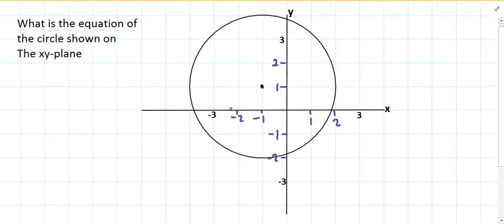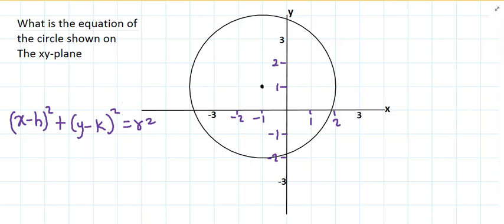We said in the standard form the equation of a circle gives us (x minus h) squared plus (y minus k) squared equal to r squared. So we said that the distance from the center of the circle to another point is known as the radius.